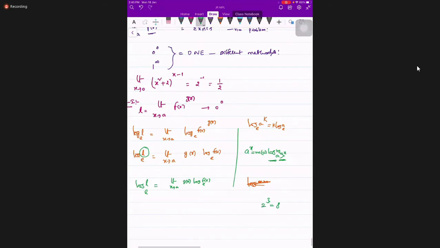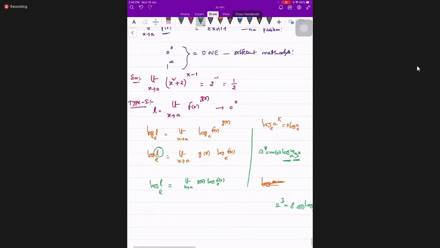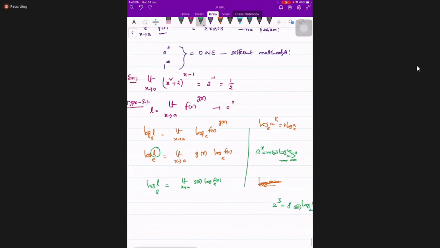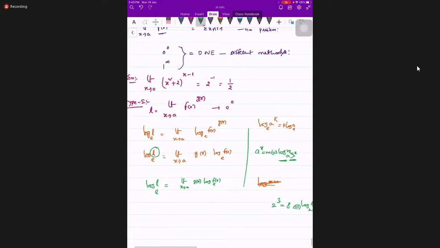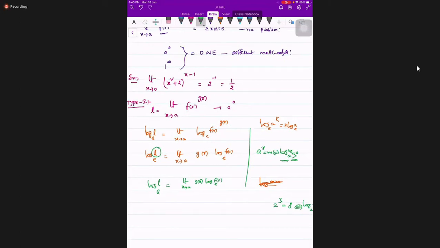Then in the logarithm, what can you write, tell me, students? Log 8 to the base 2 equals 3. That means this power equals that only, logarithm form and exponential form. Remember this idea, students? I keep on writing this whenever log is coming. Now in the same way, the limit logarithm is here. Then what can you write? In this way you can write. So L equals e power.